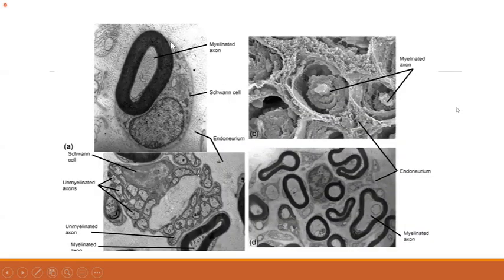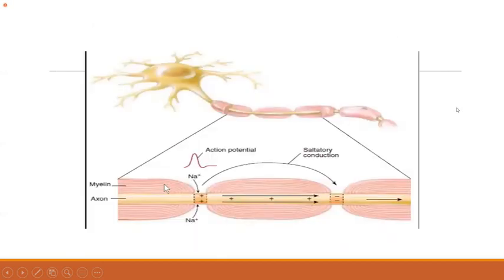This is a myelinated nerve fiber, this is the Schwann cell covering it, and this is the nucleus of the Schwann cell. In unmyelinated nerve fibers, this single Schwann cell covers the many unmyelinated axons.